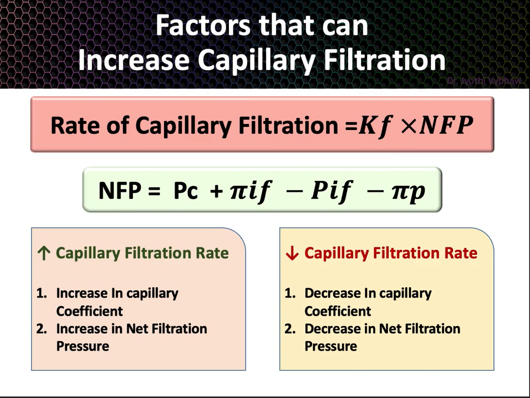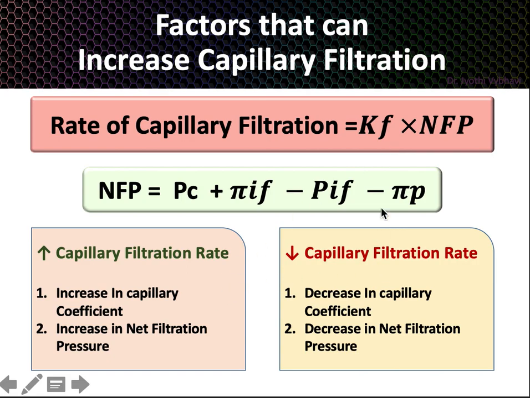If we put it mathematically, the rate of capillary filtration is given by this formula: the product of net filtration pressure and the capillary filtration coefficient gives the rate of capillary filtration. So when either of these increases, the capillary filtration rate increases.